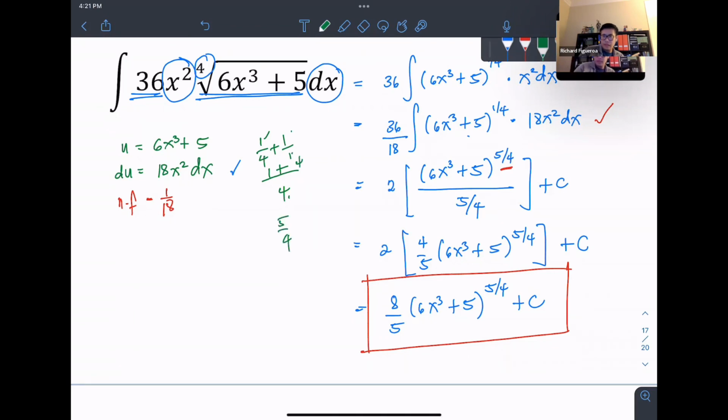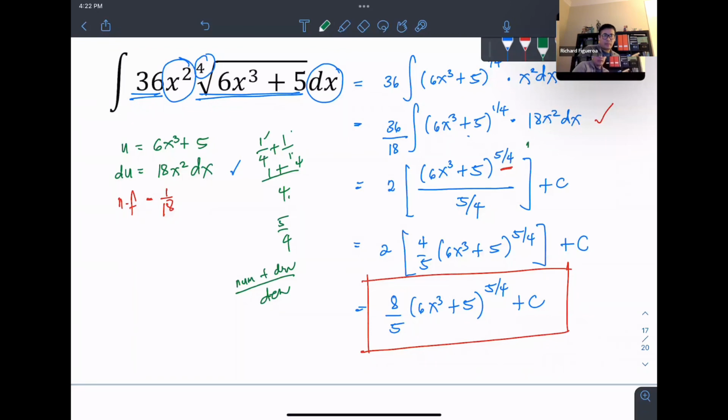But the shortcut we had before is the numerator plus denominator over denominator, to make it quick. So your numerator is 1, your denominator is 4. So 1 plus 4 is 5 all over 4.